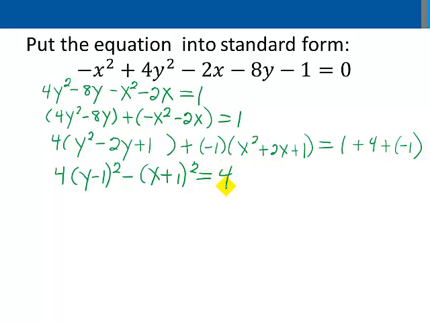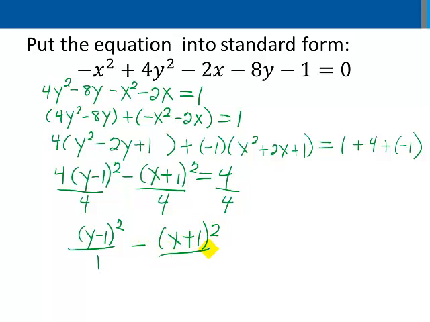And making this look like the hyperbola that it is, I will divide through by 4 so that we'll end up with a 1 on the right-hand side. Finally, in standard form, our hyperbola is (y minus 1) squared over 1 minus (x plus 1) squared over 4 equals 1.